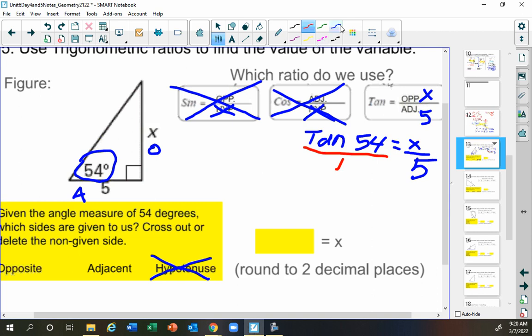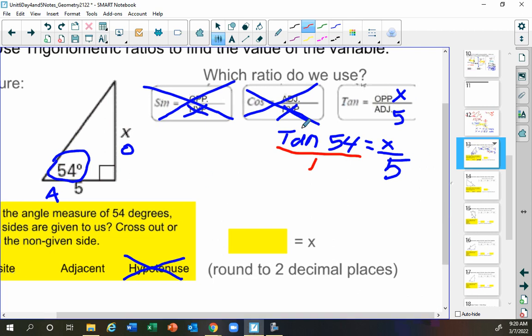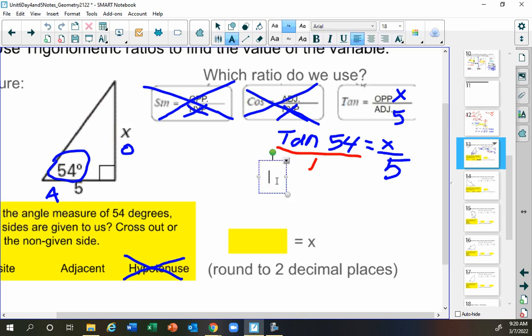Now, is the tangent of 54 a number? Tangent of 54, what do we get? 1.376. Okay. And then of course we have the x. Don't worry, I'll fill in the fraction bars in a minute.